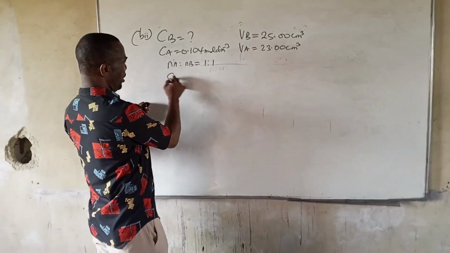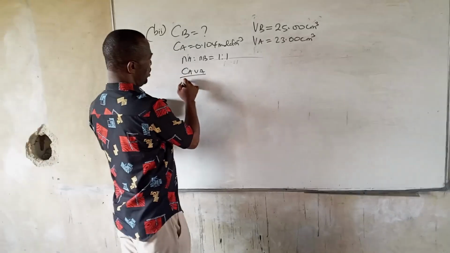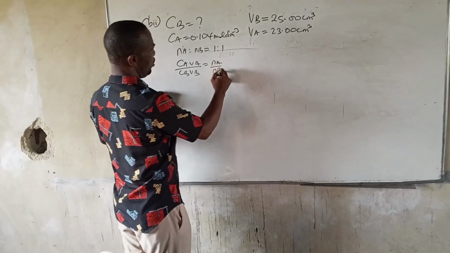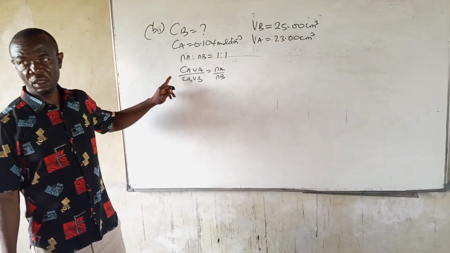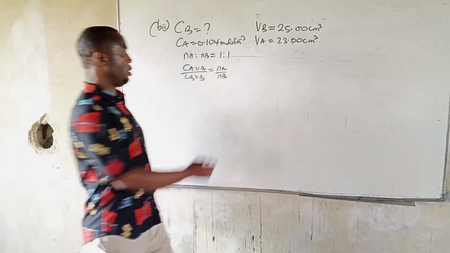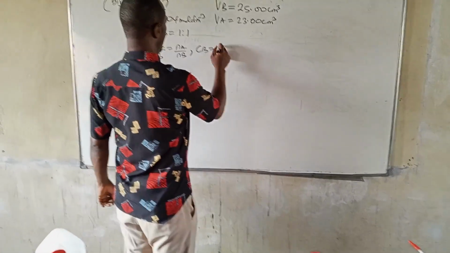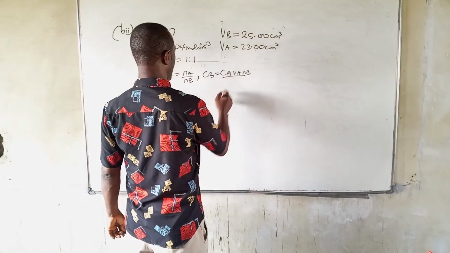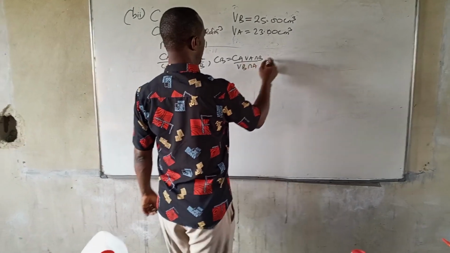So from the formula, CAVA over CBVB equals NA over NB. You make CB the subject. So CB becomes equal to CAVANB all over VB times NA. Make your substitution.